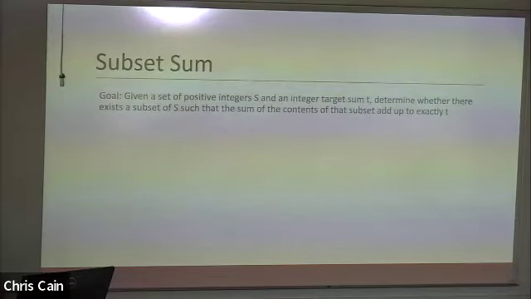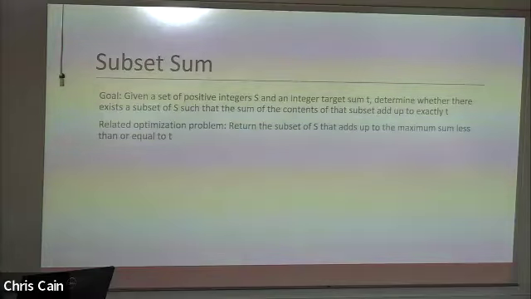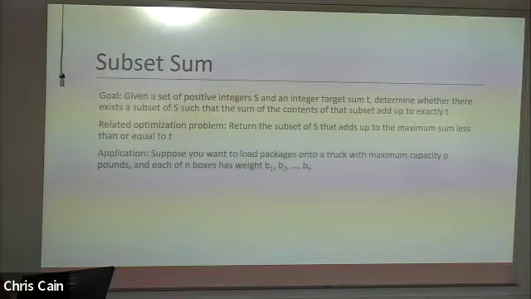There is an optimization problem that we see frequently out in computer science. That is, return the closest value less than or equal to that target value. So this would be something like you want to load packages onto a truck, and the truck has a maximum capacity in weight. And we have a bunch of boxes that weigh a certain number of pounds. What combination of boxes should we load onto the truck such that we get closest to the truck's maximum capacity?